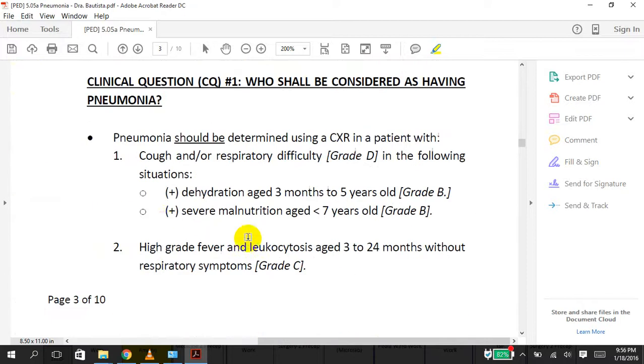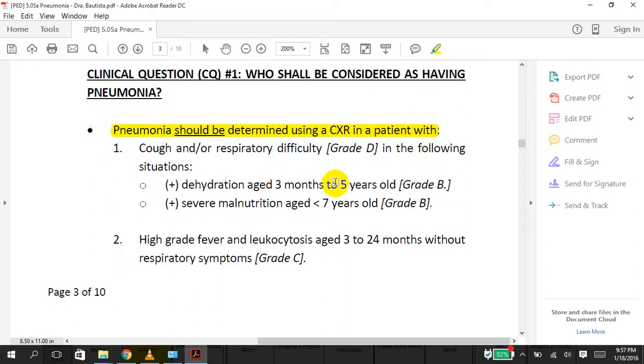As for the diagnosis of pneumonia, aside from your history and PE, you have to order chest x-ray. It's usually ordered to confirm your diagnosis. And how do you diagnose pneumonia?